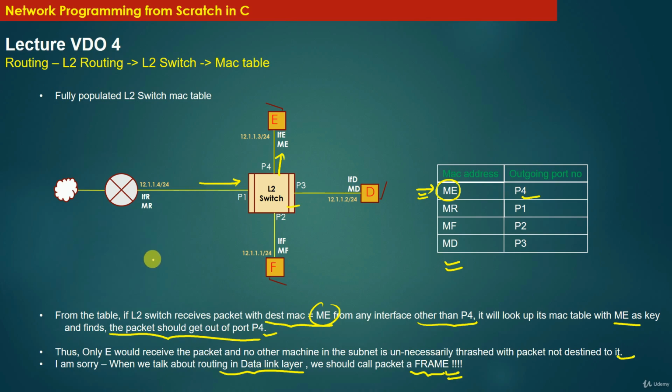To recap, if there was no L2 switch, the frame would still have been delivered to destination host machine E, but host machines D and F would also have unnecessarily received the frame and therefore been thrashed. But now the L2 switch, using its MAC address table, completely avoids this situation.